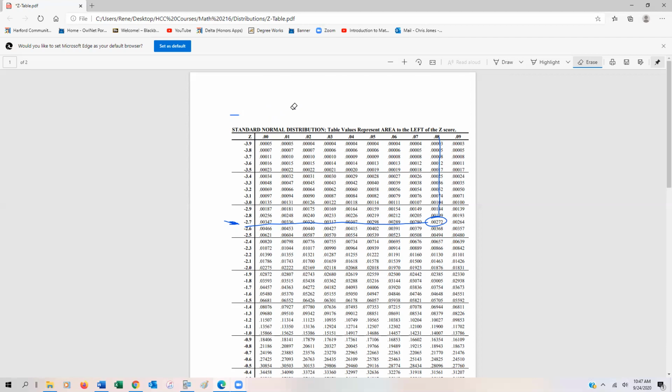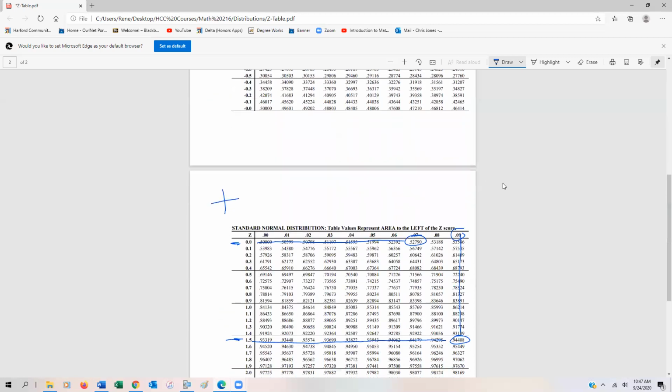So we're going to say that if z is less than negative 3.99, that means that the probability is approximately 0. And that kind of makes sense because right here it's 0.00003. So that's about 0 anyway.